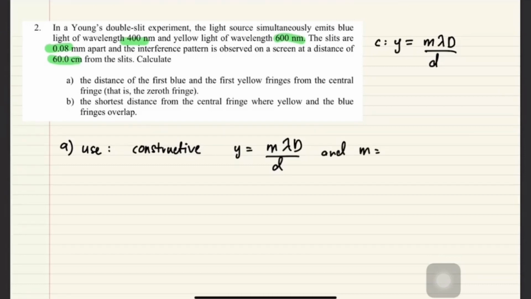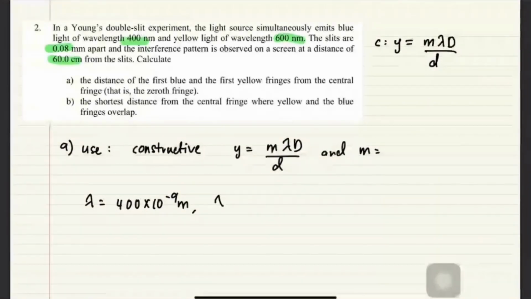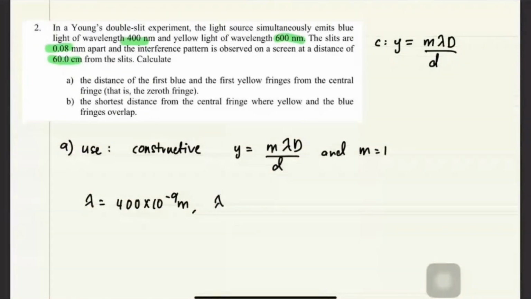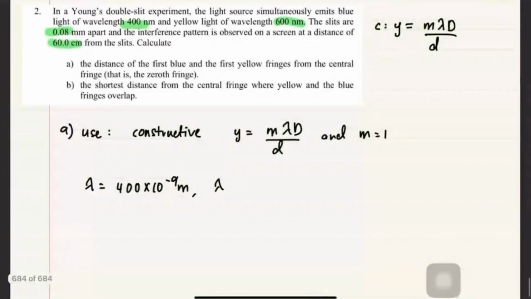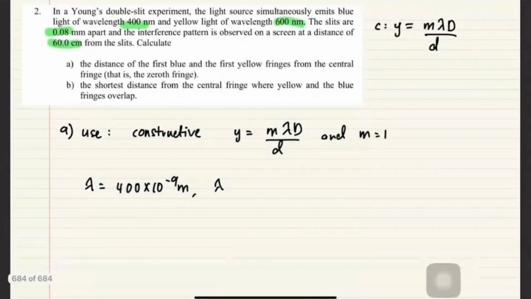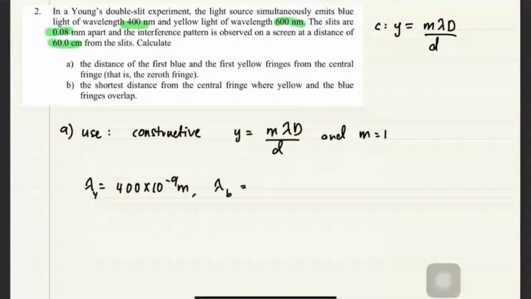Guys, m dia sama dengan berapa? Satu. So guna m sama dengan 1 sebab dia kata the first one, and then lambda tu ada 2 kan, so kamu kena kira asing lah, lambda untuk yellow berapa, lambda untuk blue berapa. Terbalik blue dengan yellow.